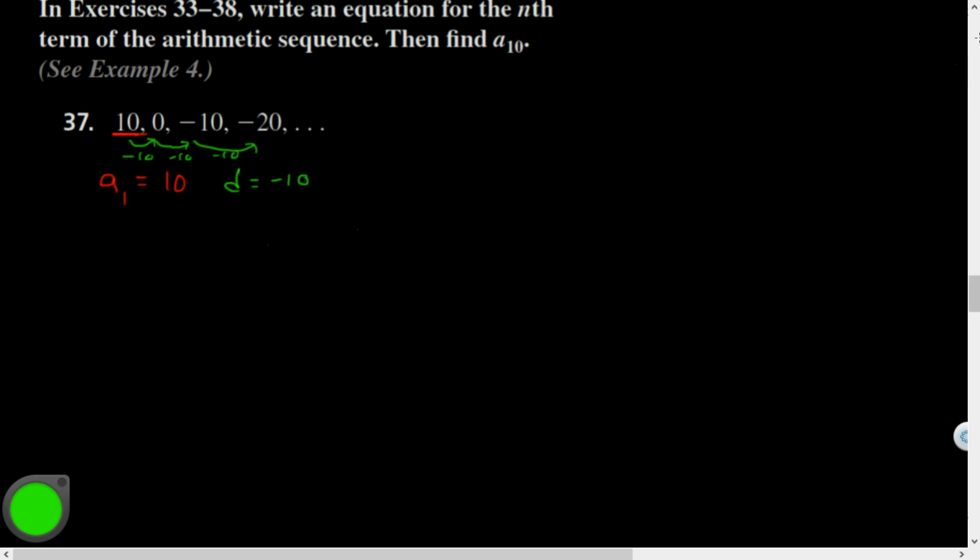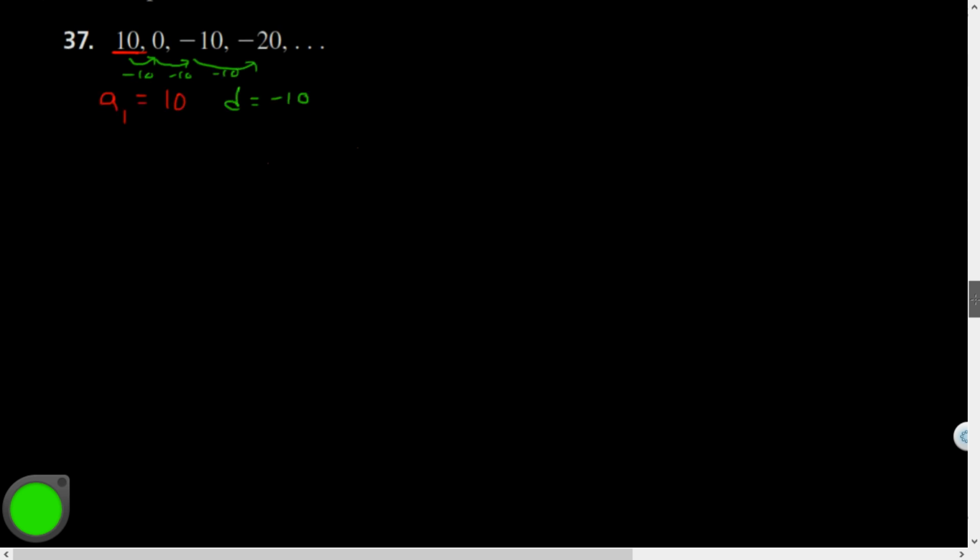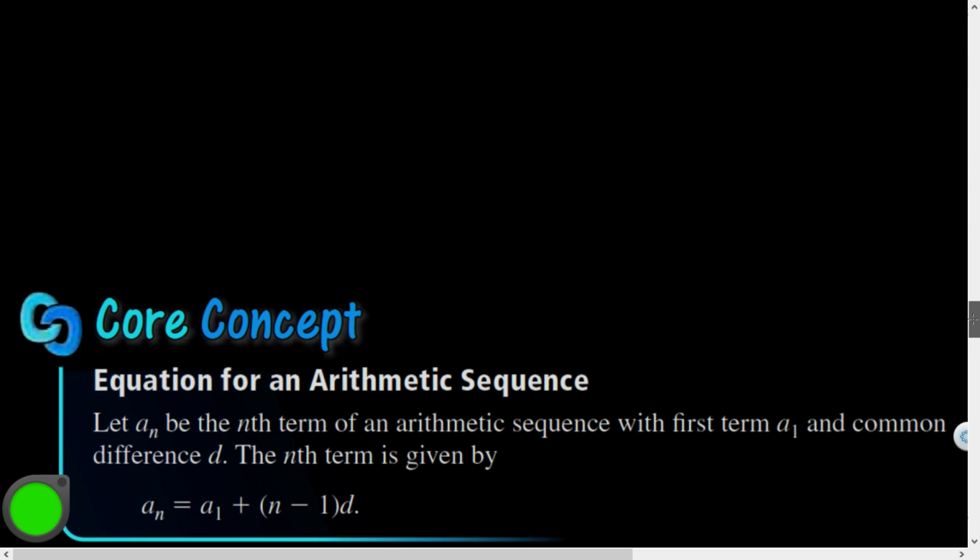And then as far as a formula for the nth term, I'm going to scroll down for a second here. We have this little formula. Let's see, I can make my inkwell disappear. It says the nth term of an arithmetic sequence with first term a sub 1 and common difference d is given by this formula: a sub n equals a sub 1, the first term, plus n minus 1 d's.